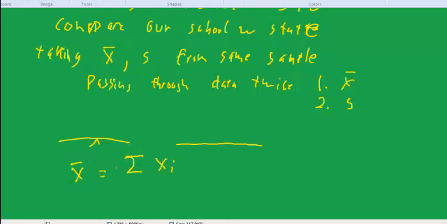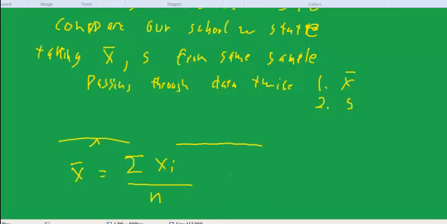The sample mean is simply the sum, this is a summation sign, of all the values of x. That is, let's say we took a sample of 15 students, their verbal SATs: the first one is 520, the second one's 590, 610, and we just add them all up and divide by the total number of students. Pretty intuitively obvious.